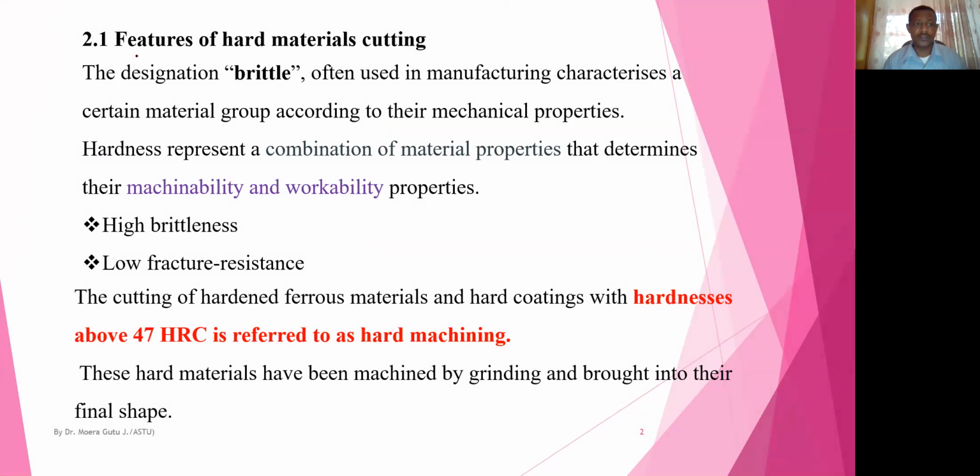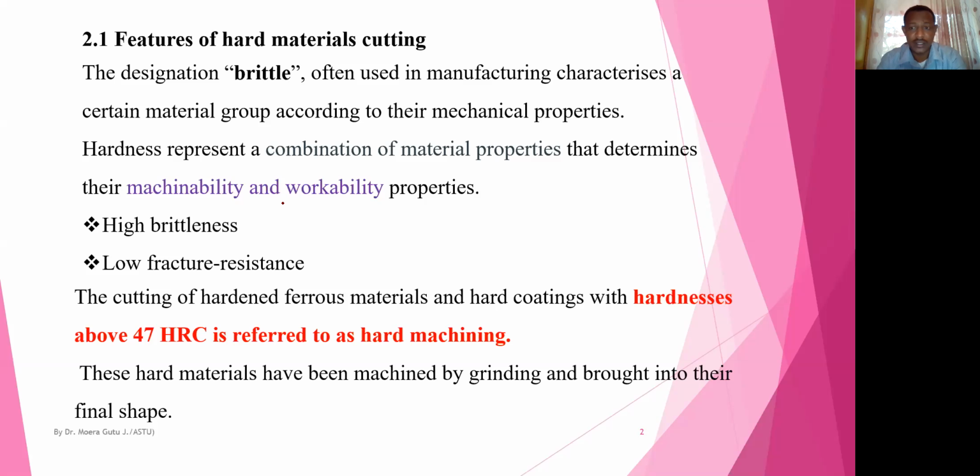The objective of this course is to introduce students to the science of machining hard materials. So how to machine hard materials, and what materials fall under the hard categories.